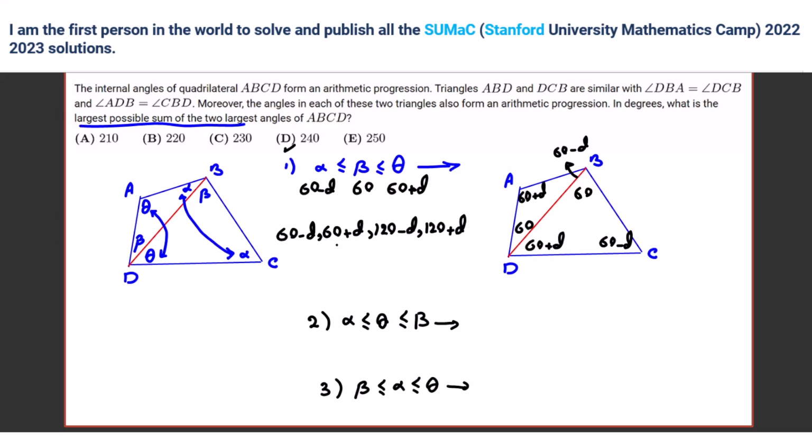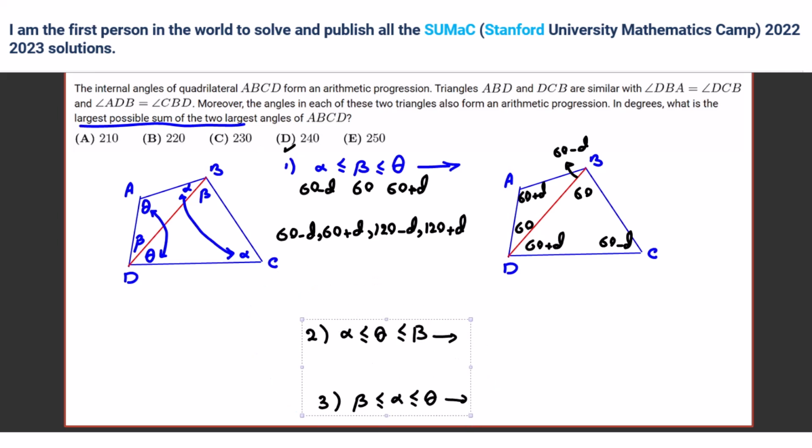D would be, for that one, equal to 15, because 60 plus 3d is equal to 120 minus d. Because it's plus 2d each time, to be arithmetic. We know the maximum one is 120 plus d, right? And the minimum one obviously is 60 minus d, right?